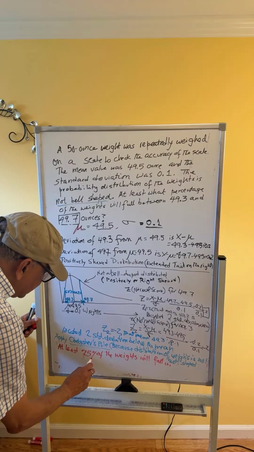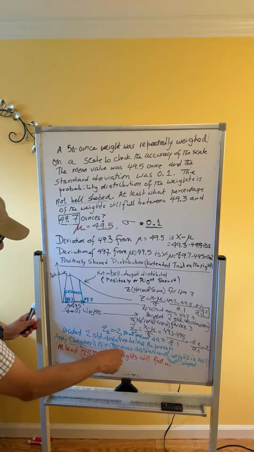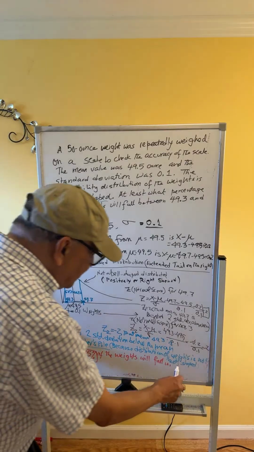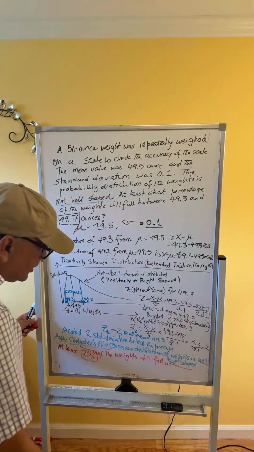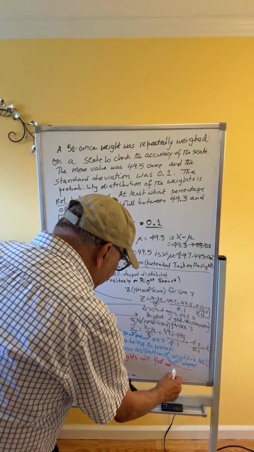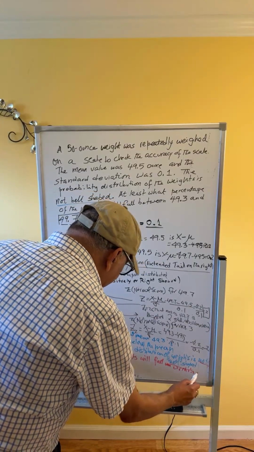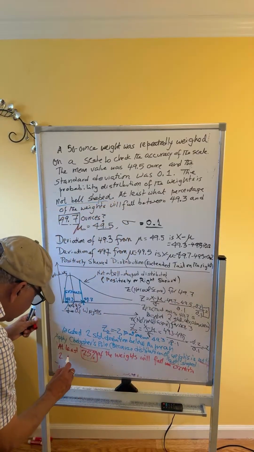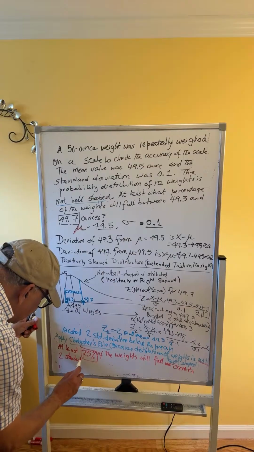For Chebyshev it is 75%, and we apply Chebyshev when the probability distribution is not bell-shaped.